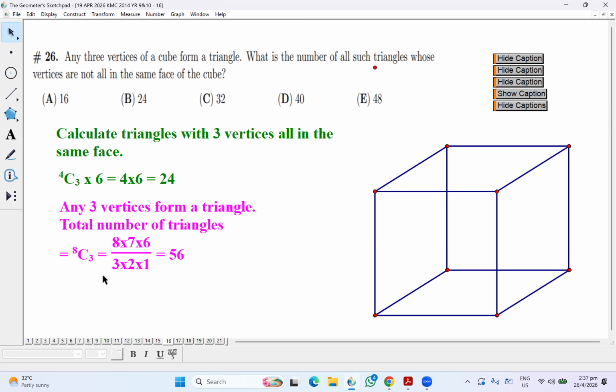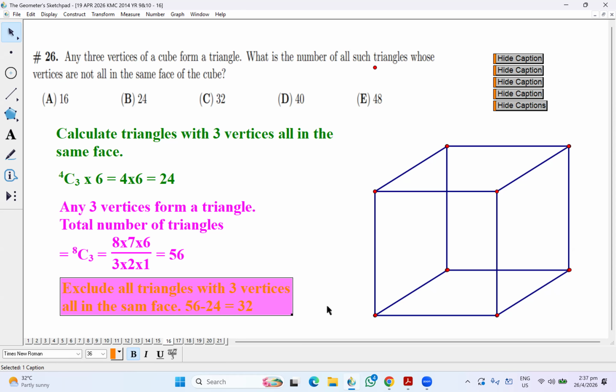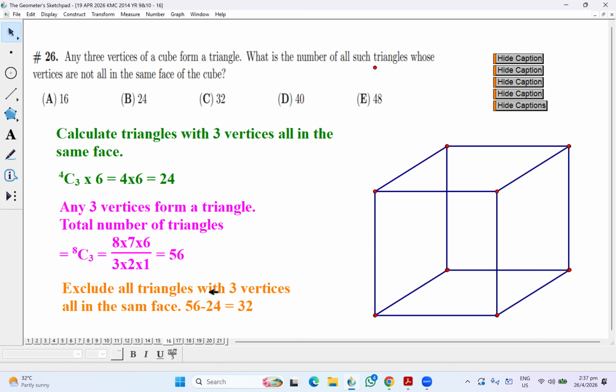This is the formula. If you know already, it's very good. So 56. 56 minus the total with the same face, so we get the balance, not in the same face. Exclude all triangles with 3 vertices all in the same face. So 32, answer 32.